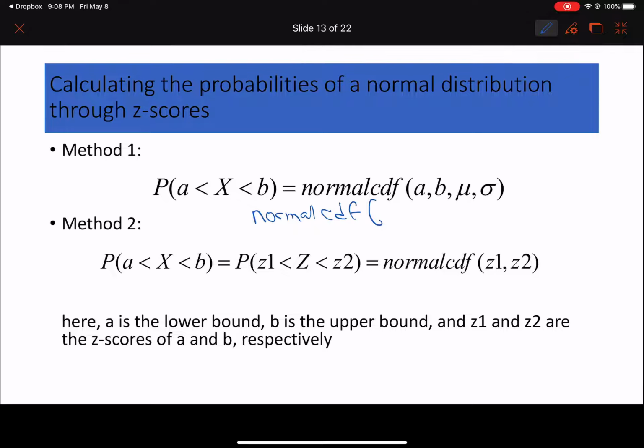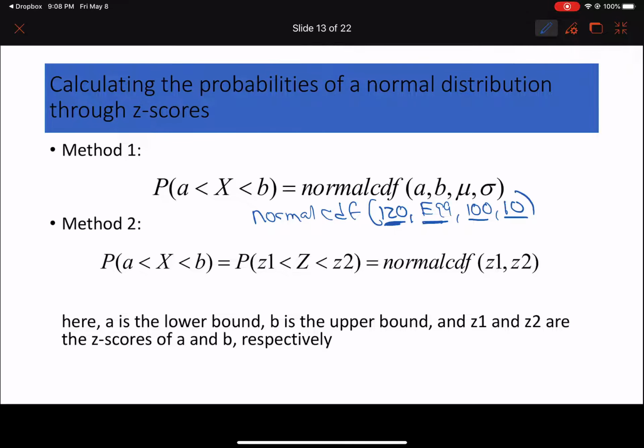Actually, let's say we're looking for greater than 120. I would do 120, comma, E99, comma, my mean was 100, and my standard deviation, I think it was 10, so we're going to pretend it was 10 even if it wasn't. So this is how I would put it in. This is the lower bound, the upper bound, the mean and the standard deviation.